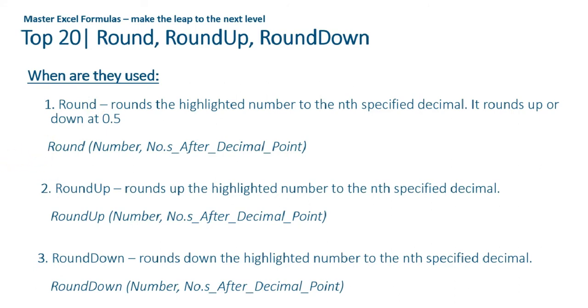ROUNDUP rounds to the next highest number, depending on how many decimal places you want to round to. And ROUNDDOWN rounds down the number to the specified number of decimals.